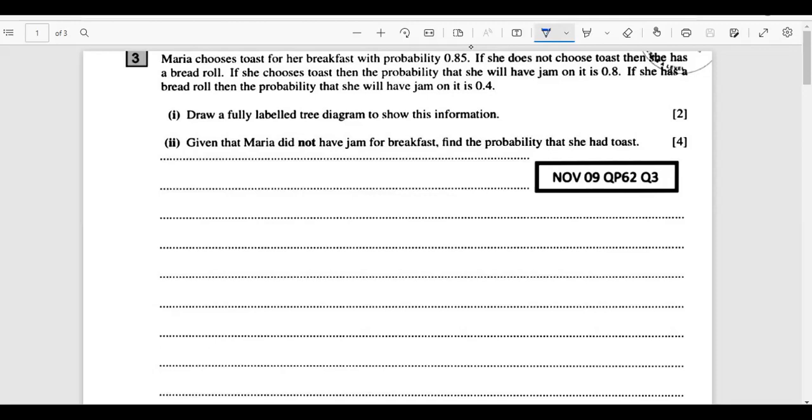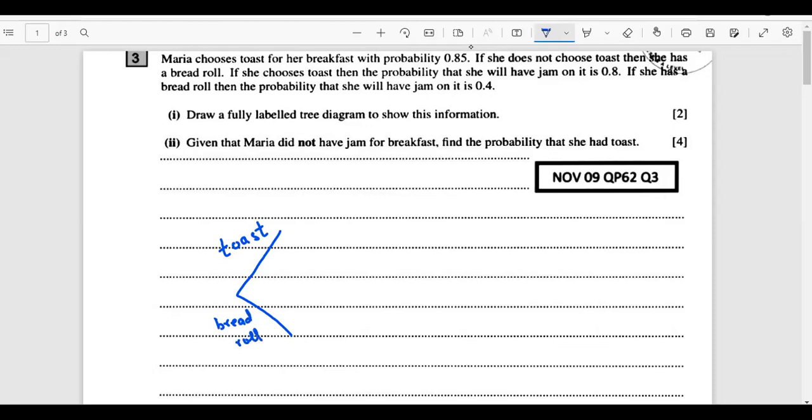Now this tree diagram is going to make things very, very easy for us. So either she is having toast or a bread roll. These are the two things. So either she is going to have toast, and the second one is bread roll.